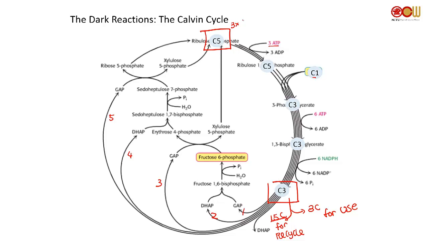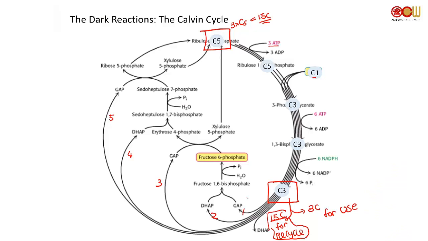Because 3 times C5 is equal to 15 carbon. So this guy and here, they have to match. So basically, the next phase is about how you convert sugars into sugars. So guess what? This is all just the pentose phosphate pathway.